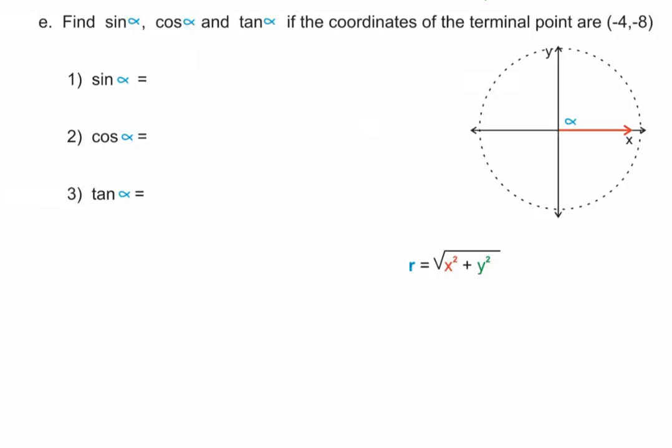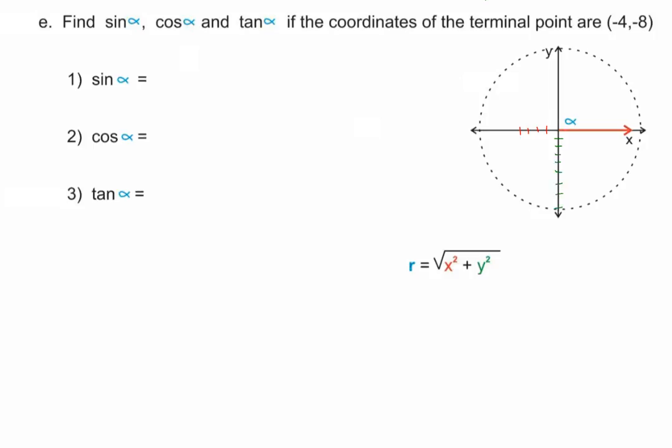So we're marking out an arc, and where is -4, -8? Well, hopefully you think of the x-coordinate of -4, and here I'm just going to go 1, 2, 3, 4. So there would be your x-coordinate, right? And on the y, we got to go 8? 1, 2, 3, 4, 5, 6, 7, 8.